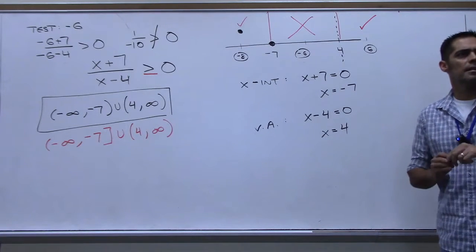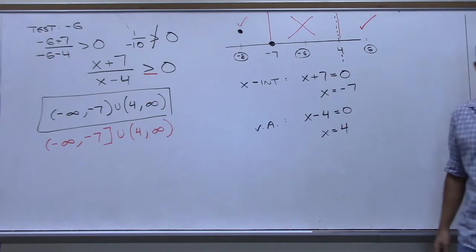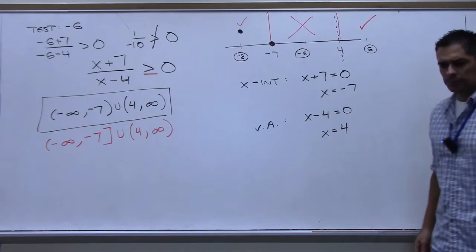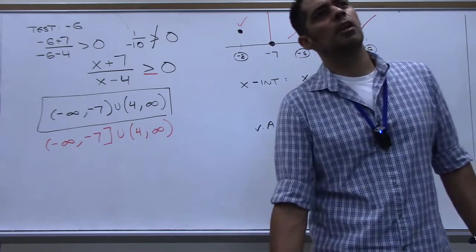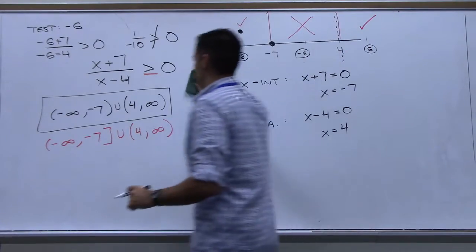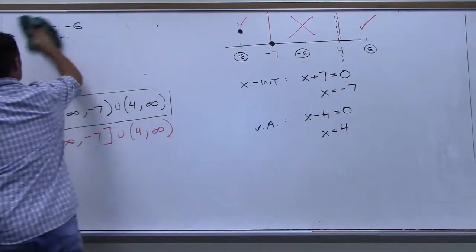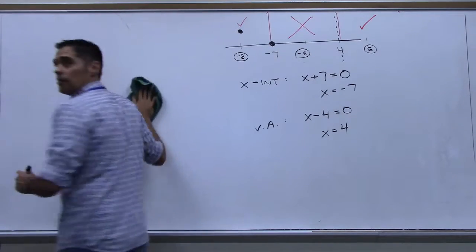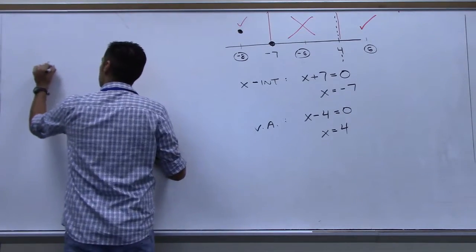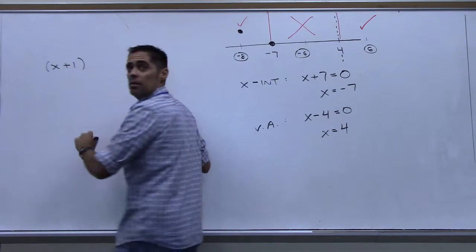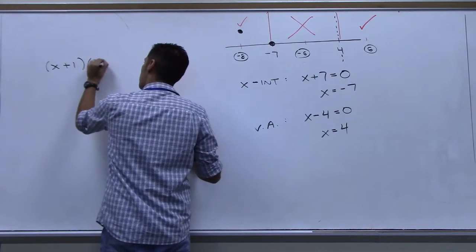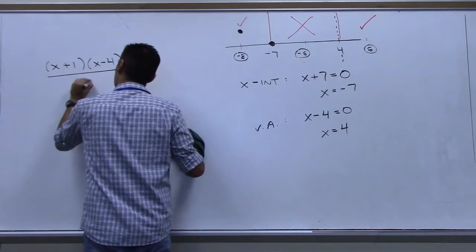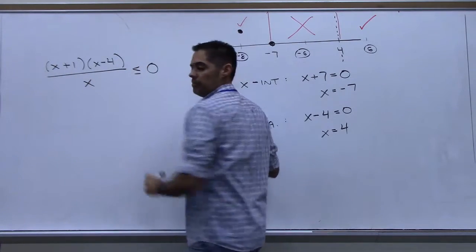Let's look at C. Want to do C? Or we'll do B. We'll go B first. X plus 1 times x minus 4 all over x, less than or equal to 0.